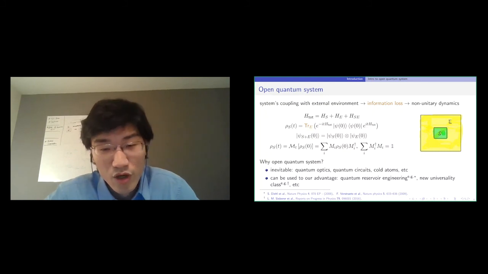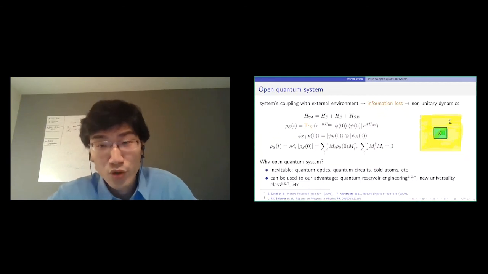For example, we can do quantum reservoir engineering by engineering the coupling and the structure of the environment. You can show that sometimes we can engineer the steady state of the system so that it can be some steady state we want. Another thing is that since now the dynamics is not unitary anymore, you can have some new universality classes that do not exist in Hamiltonians.